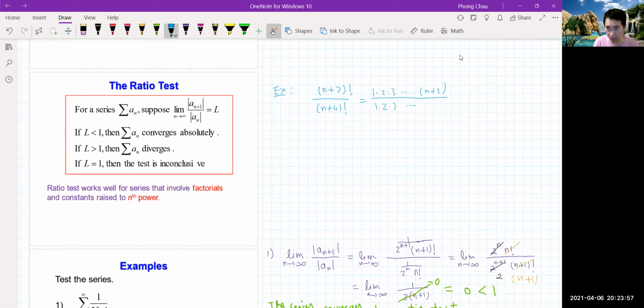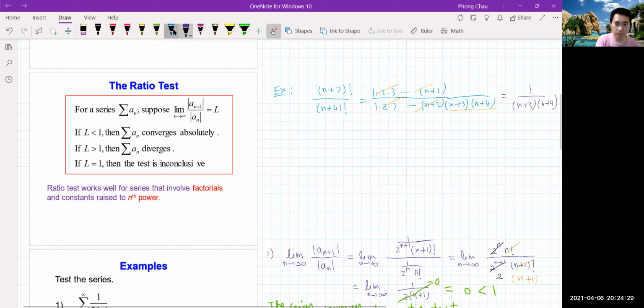But before you hit n plus 4, you've got to hit n plus 2, and then the next one, n plus 3, and then n plus 4. So all of them cancel except these two. So it will be 1 over n plus 3 times n plus 4.